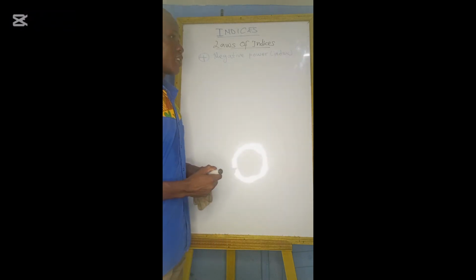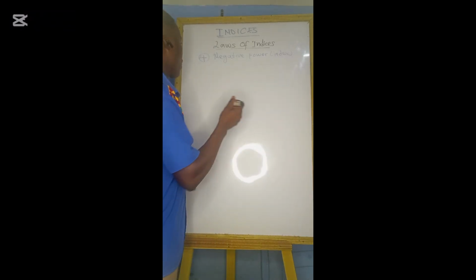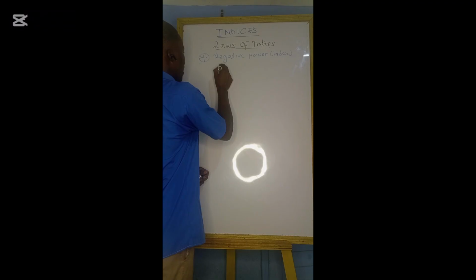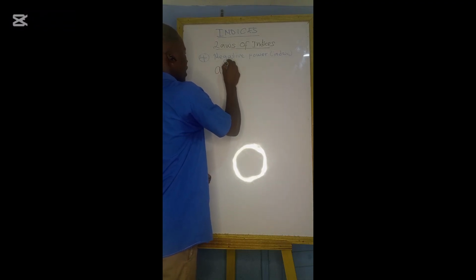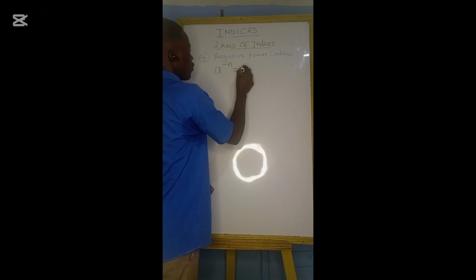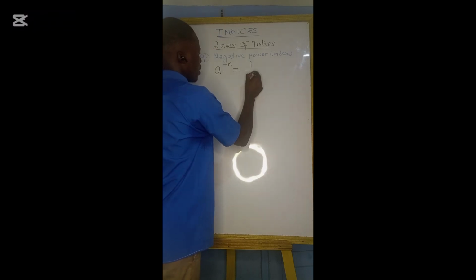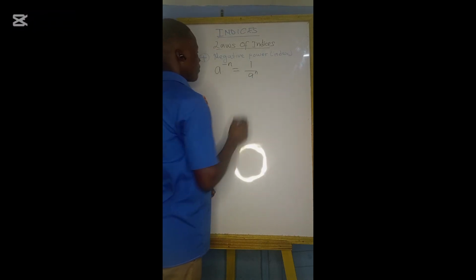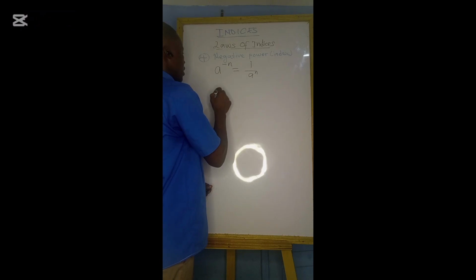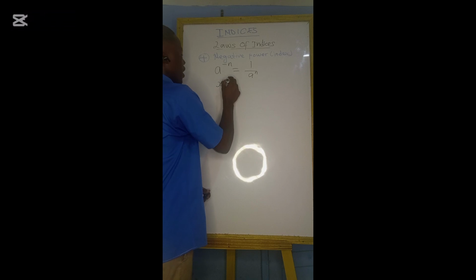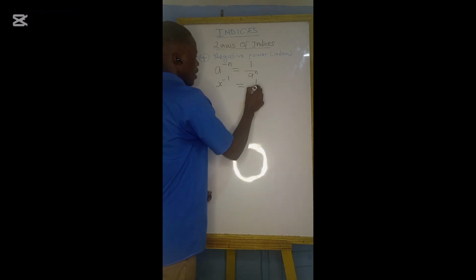So let's look at how to represent that. a raised to the power negative n is equal to 1 over a raised to the power n. And then you have x raised to the power negative 1 is equal to 1 over x raised to the power 1.